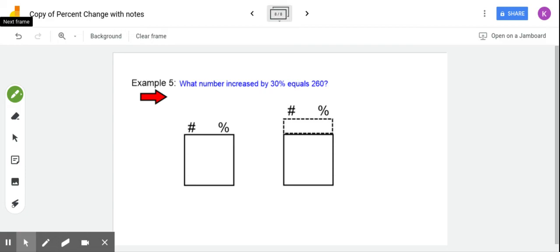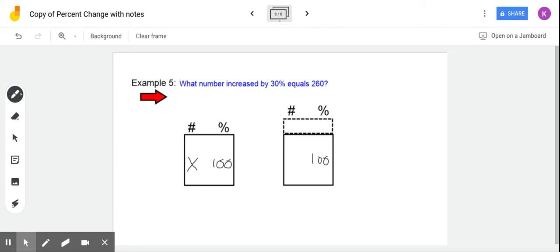Okay, last example. What number increased by 30% equals 260? So I'm looking for a number that's increased by 30%. I'm going to start again with what I know. I'm trying to find the original number. I know the original number is worth 100%. This original box and the original box in the new part are both 100%.